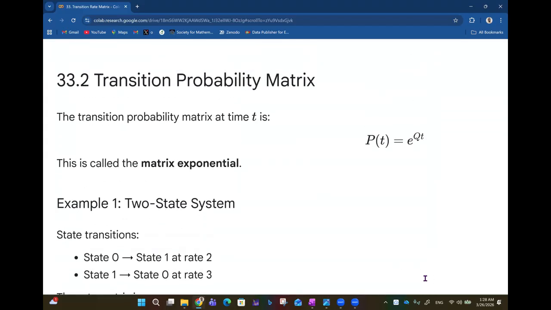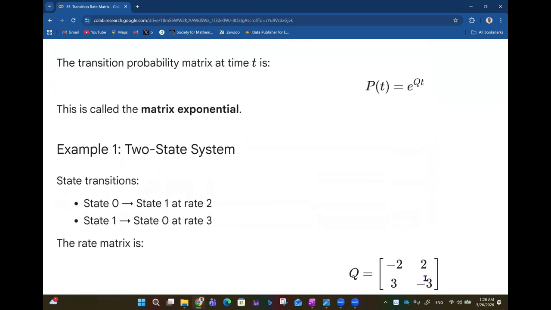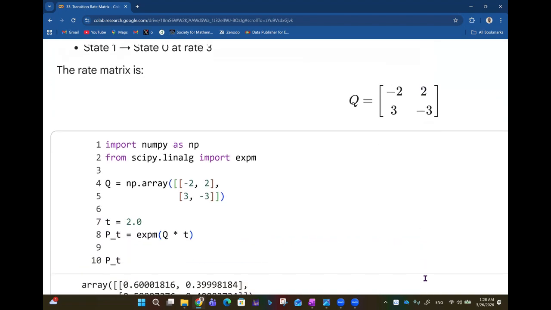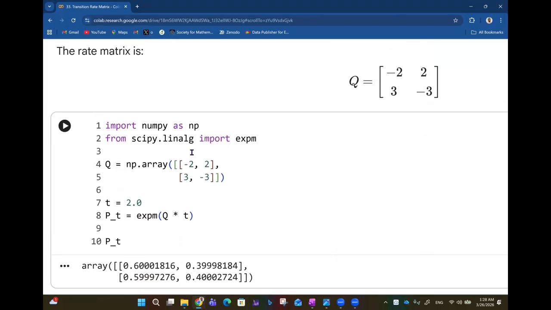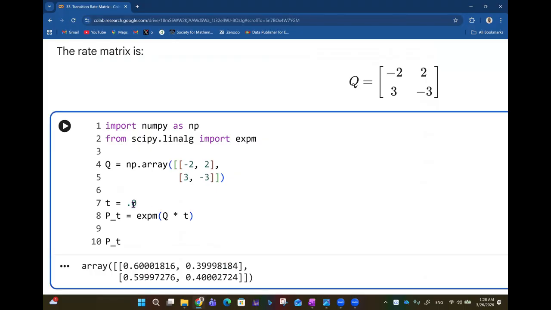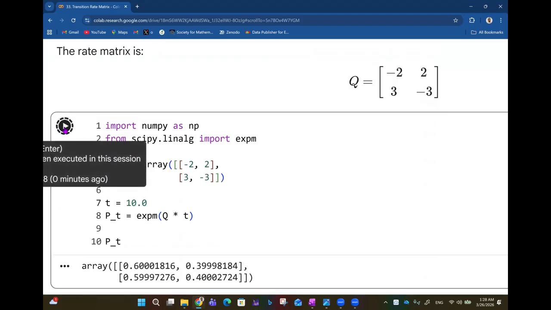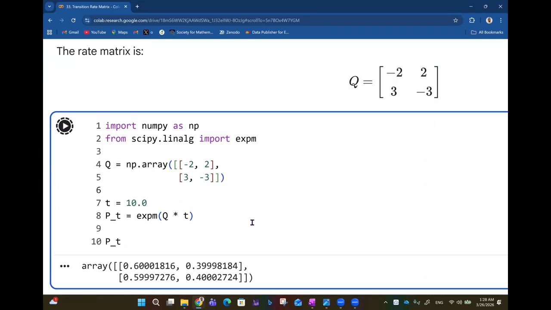We can then compute the transition probability matrix P of t, which is e raised to Qt, using the linear algebra module under SciPy, and we use the exponential function. You can already see a pattern of behavior here: 0.6, 0.4. If you go several steps from here, it's possible you're going to get 0.6, 0.4 as equilibrium.